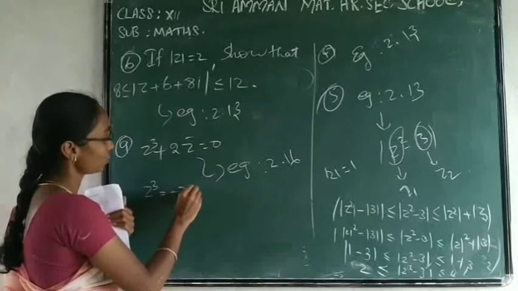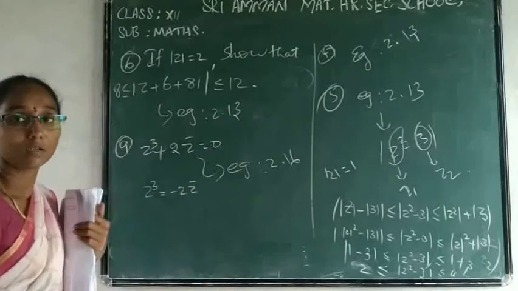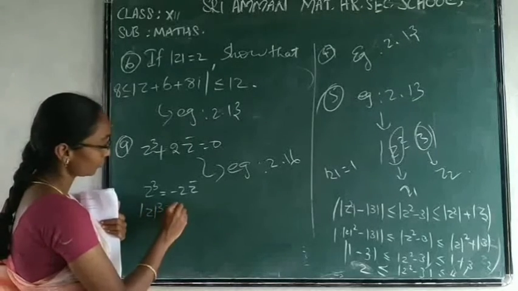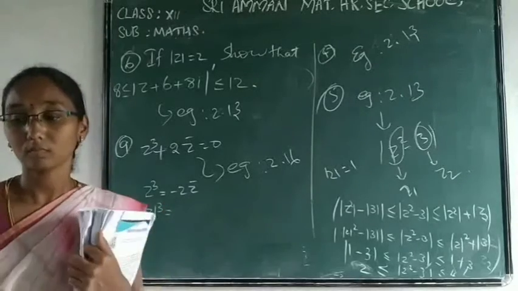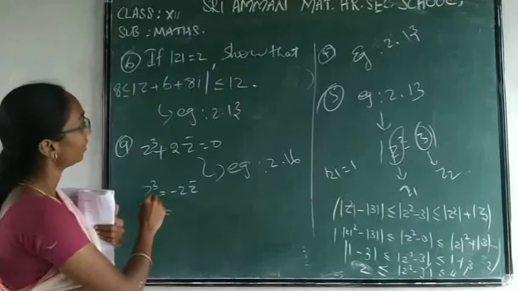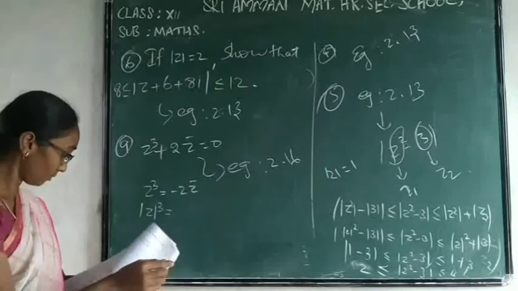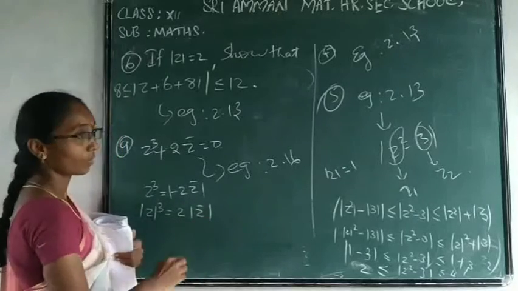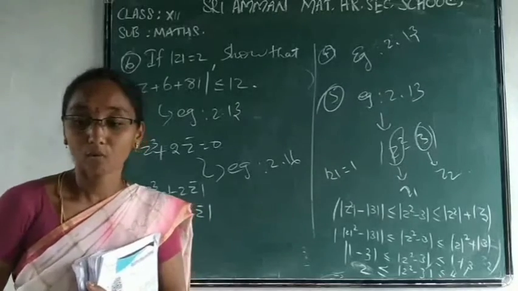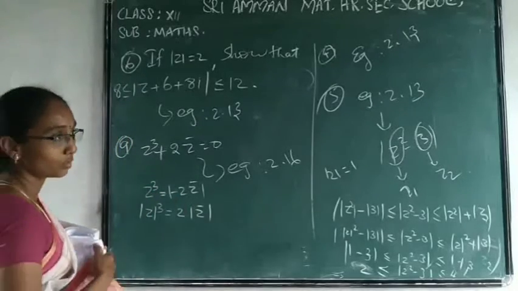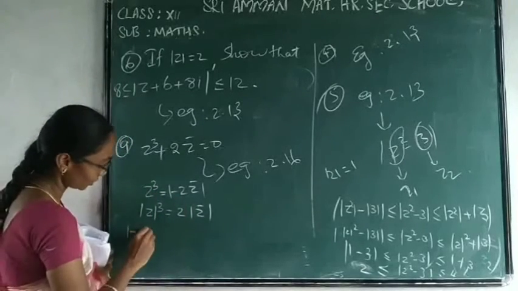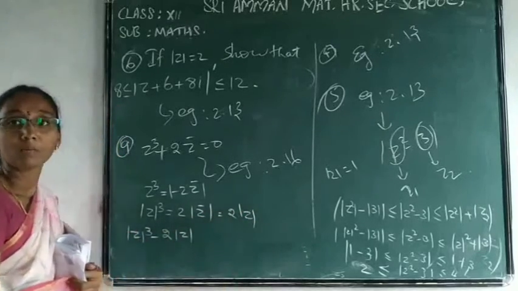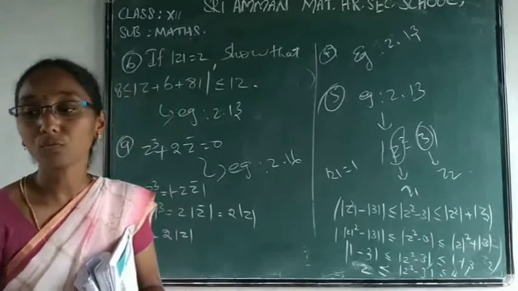Z cube equal to minus 2z bar. Taking modulus, modulus of z cube equal to 2 modulus of z bar. So modulus of z cube equals 2 modulus of z, since modulus of z bar equal to modulus of z.